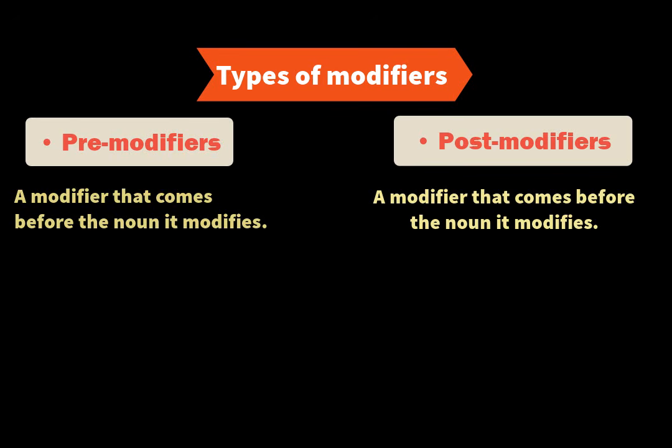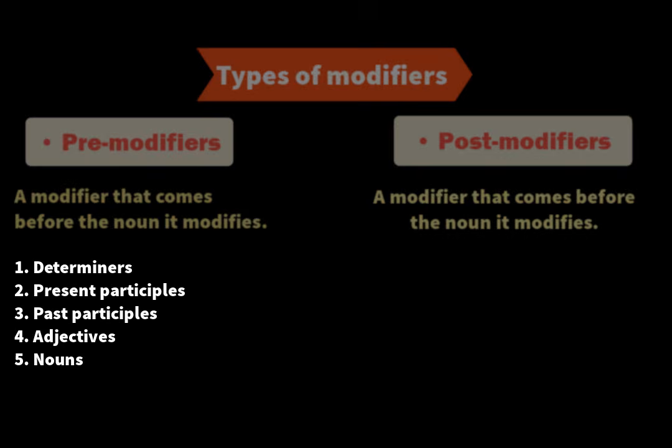Now, what comes in a pre-modifier? In a pre-modifier, we have five things. Number one, determiners. Number two, present participles. Number three, past participles. Number four, adjectives. And number five, nouns. Nouns? Do nouns also work as adjectives? Yeah, they do. I'll tell you how.